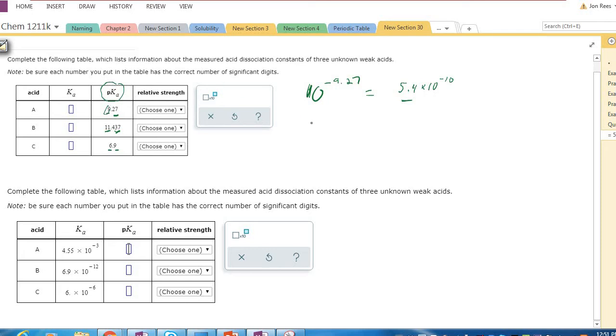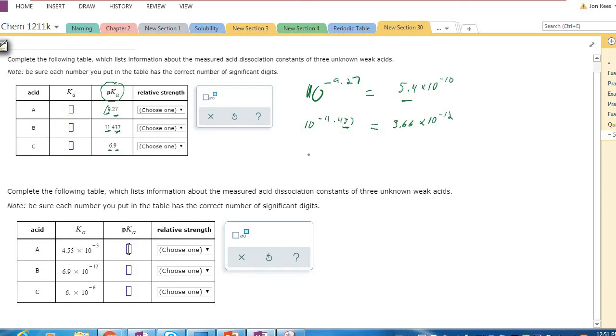Okay, so let's look at that second one. I would have 10 to the minus 11.437. That's 3 sig figs, just looking at those after the decimal because there's a P in front of that number. That's a pKa, meaning it's on a log scale, and so the correct answer should be 3.66 times 10 to the minus 12.